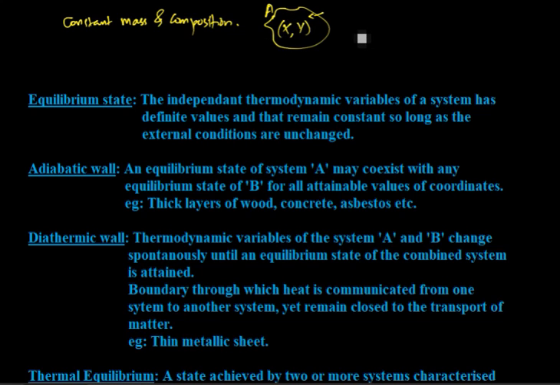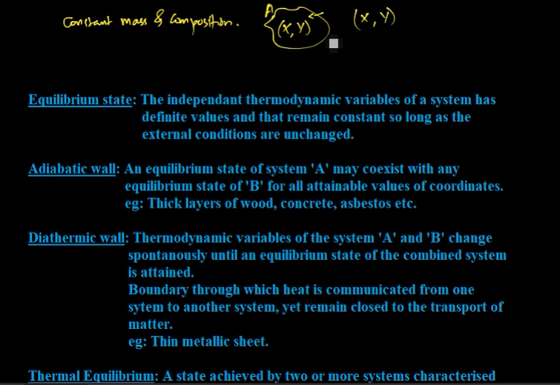One pair of independent coordinates means that if you consider two coordinates x and y, the value of x is independent of the value of y, and these two coordinates are needed to describe this system completely.